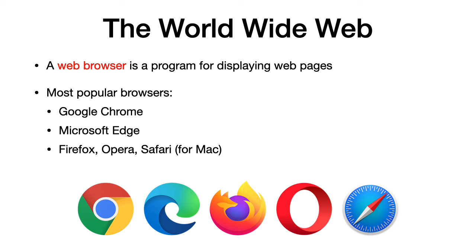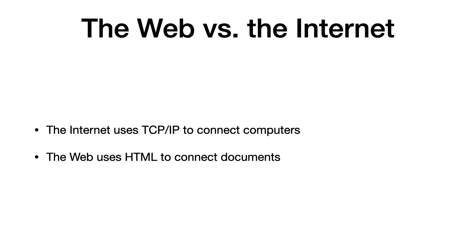Other browsers which were important in the history of the internet were Mosaic, Netscape, and Microsoft Internet Explorer. In summary, what's the difference between the web and the internet? Simply said, the internet uses TCP/IP to connect computers. The web uses HTML to connect documents.